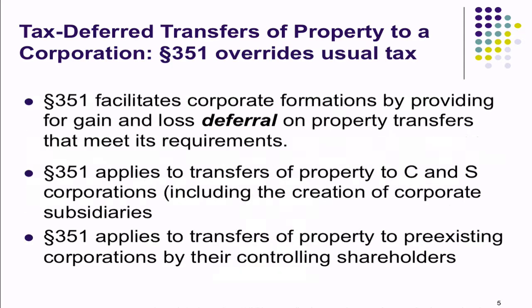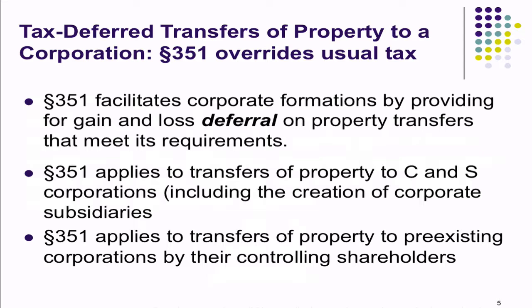So actually, to our luck, there is. Transfers of property to a corporation are known as a 351 transaction. A 351 transaction, which comes from Code section 351, overrides the usual tax consequences that I just talked about. So what's the purpose?